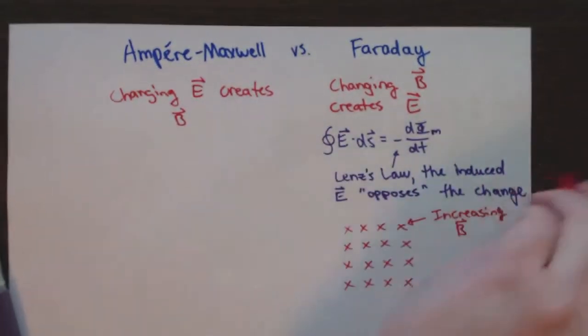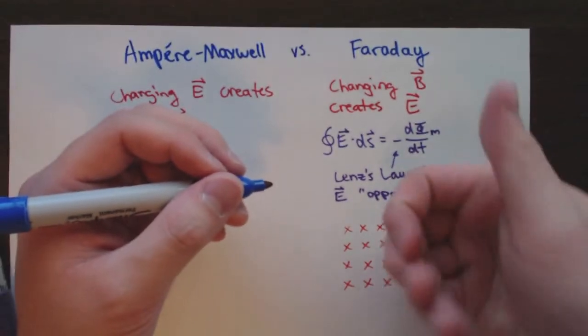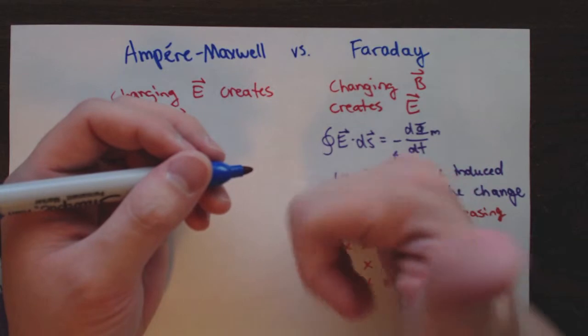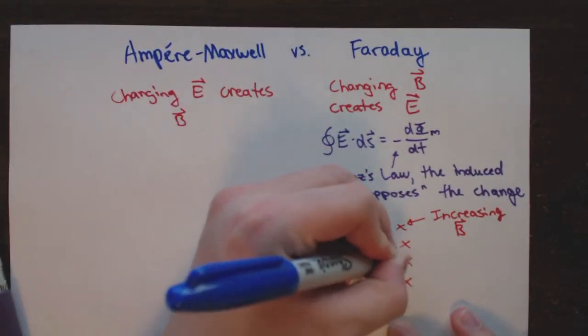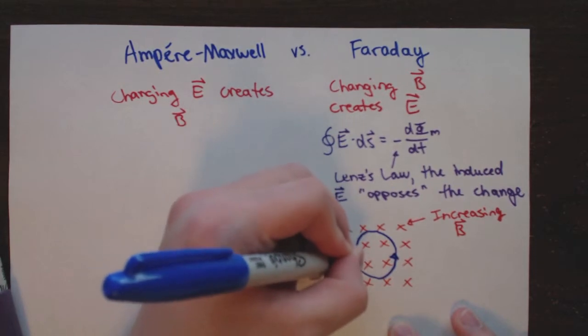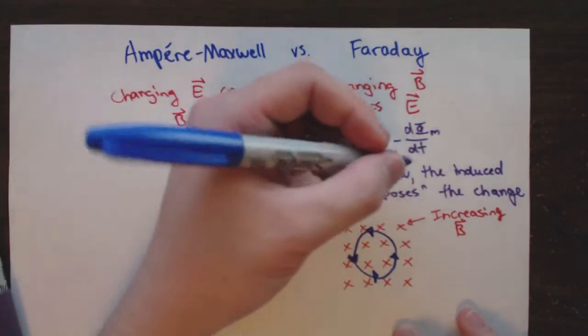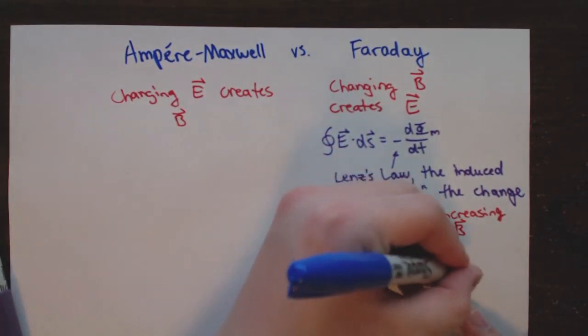If you did the right-hand rule and stuck your thumb in the direction of B, you would have something in the direction of B, but it's not. It's negative, so it's the opposite. So you actually have an electric field that is in the opposite direction of B.